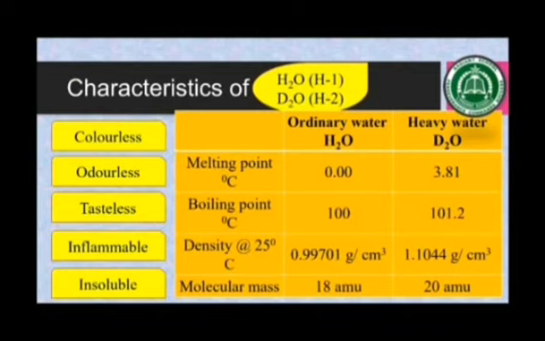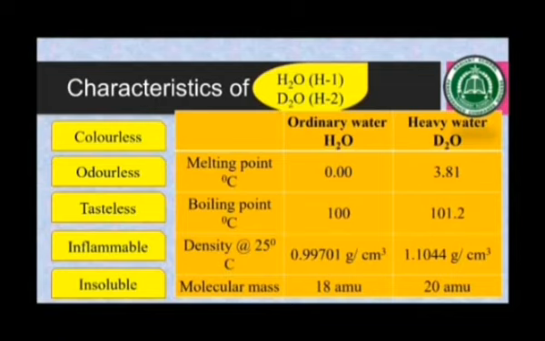Density at 25 degrees centigrade for ordinary water is 0.99701 gram per centimeter cube, and for heavy water it is 1.1044 gram per centimeter cube. In the same way, the molecular mass of these two waters will be different.